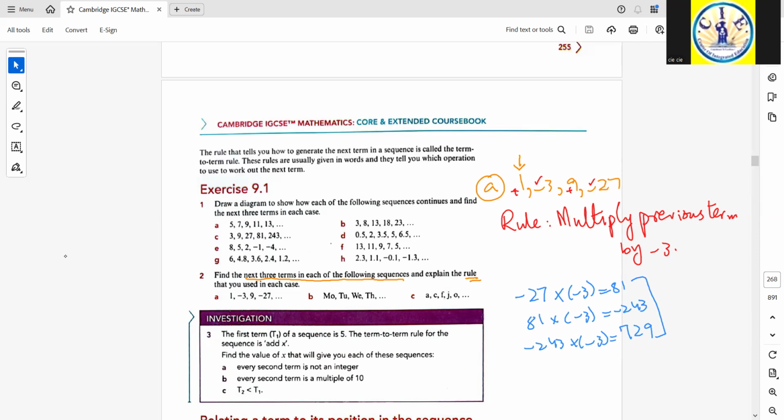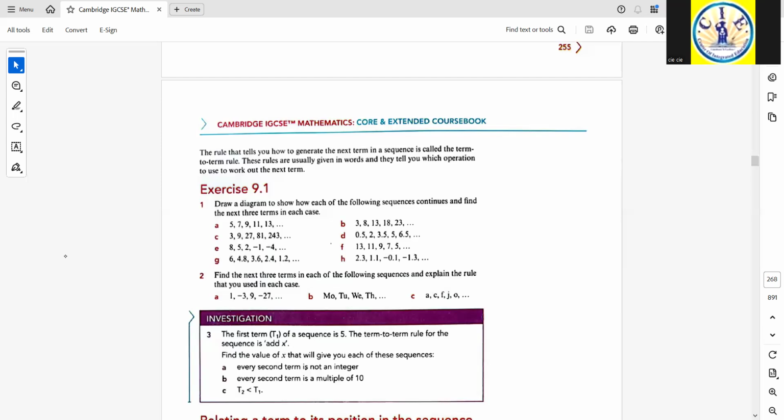Okay, then it is part B, Monday, Tuesday, Wednesday, Thursday. Obviously, these are the days of a week. So the rule could be to write down the next day of the week.